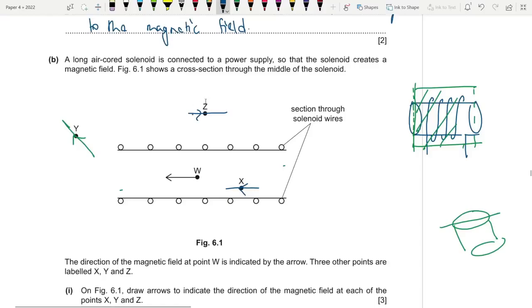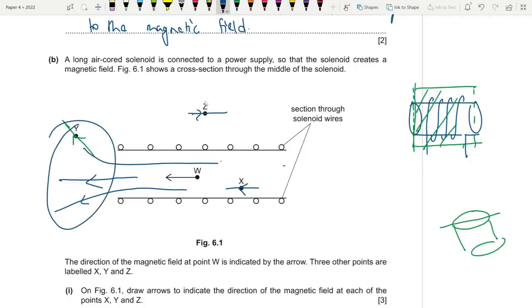Clearly, guys, check this. Once you come out, it's gonna be like this, right? So as you come out from the solenoid, field strength decreases gradually.